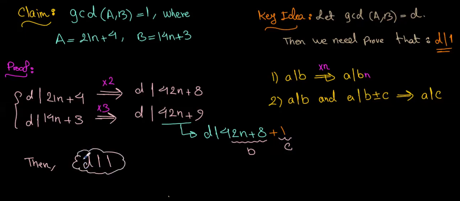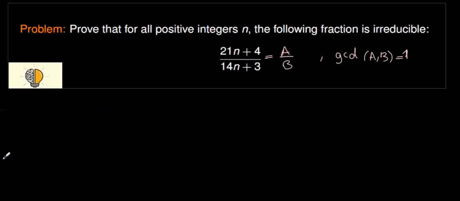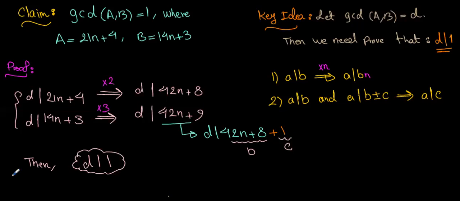So right now we have proved this, but let's come back to our question. Our question said that a and b are positive integer numbers. So a is an integer number, a natural number, and b is also a natural number. We have another property, let me write it for you in the next slide.